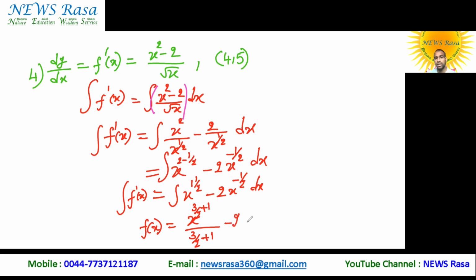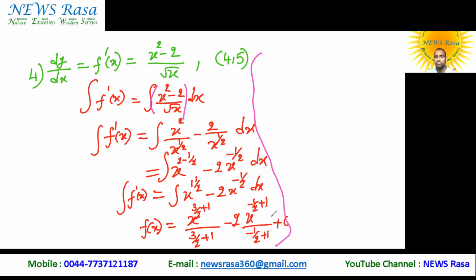Okay, and then minus 2 x to the power of minus half plus 1 whole thing divided by minus half plus 1, and then I introduce the letter c here, right? Then I'm going to do a little bit more simplification here. So I'll probably do a line here, right?